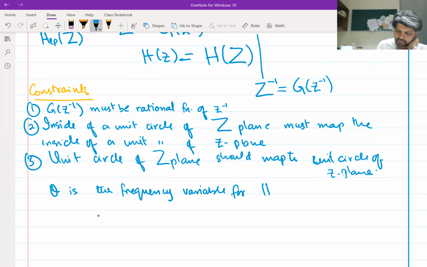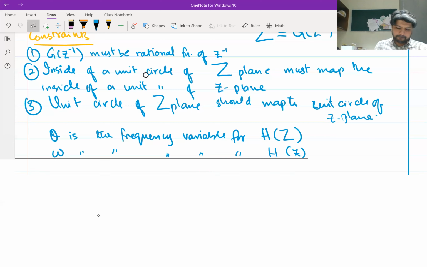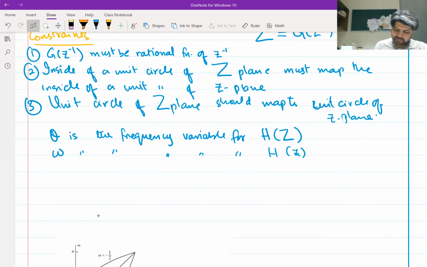For h of capital Z, and omega is the frequency variable for h of small z. For condition 3 to hold, e to the power minus j theta must be equal to g of e to the power minus j omega.